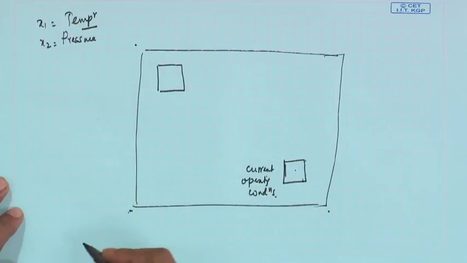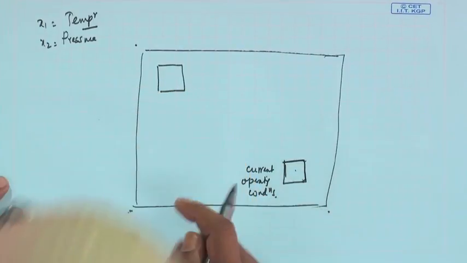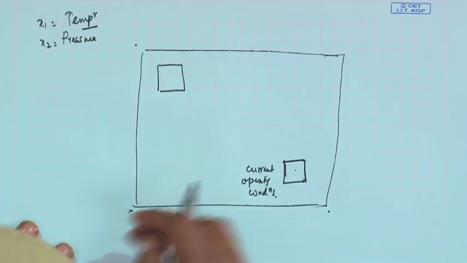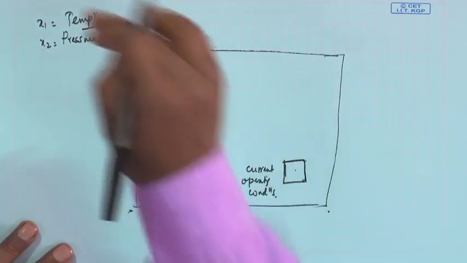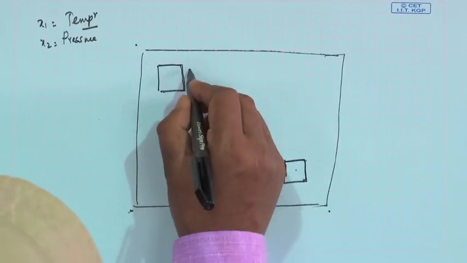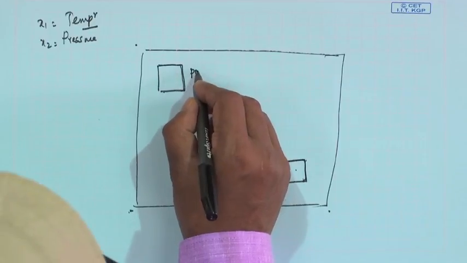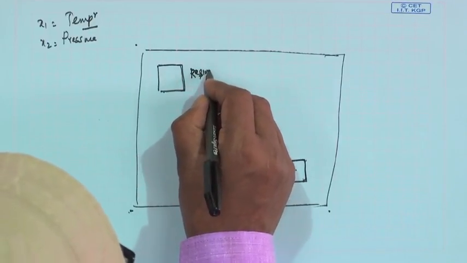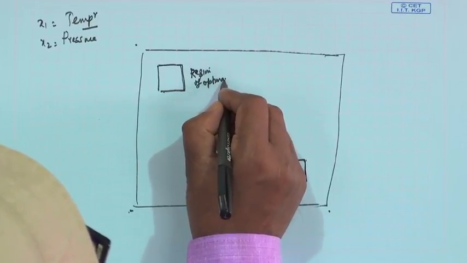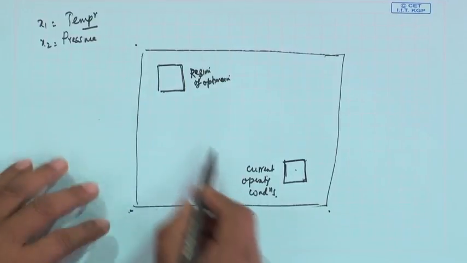For example, suppose you are operating here. Then using response surface methodology, what do you want to find out first? You want to find out the direction of improvement. If we assume that this is basically the region of optimum, then the response surface will give you these directions.